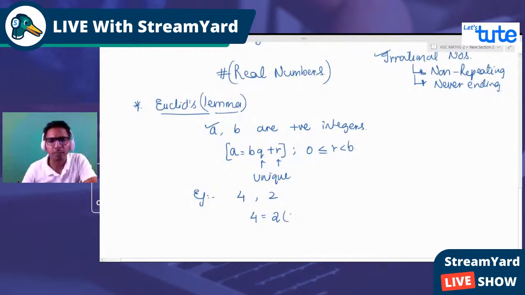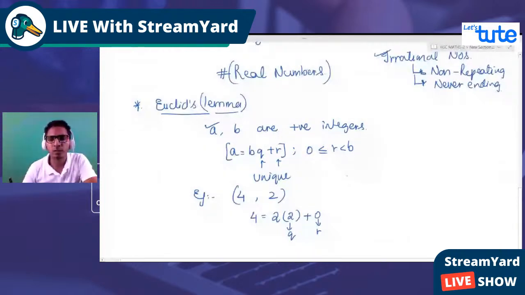In this case I'll take 2 as Q. So 2 times 2 is 4, so I'll take R as 0. Correct? Now you can see that Q and R are unique with respect to these numbers 4 and 2, because I cannot use this Q and this R for any other two numbers.